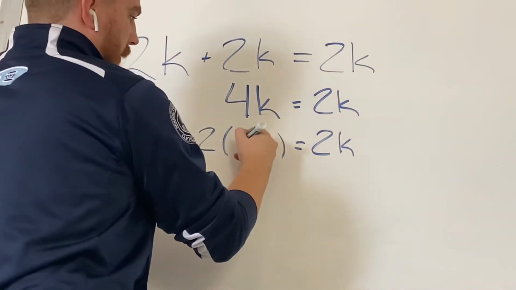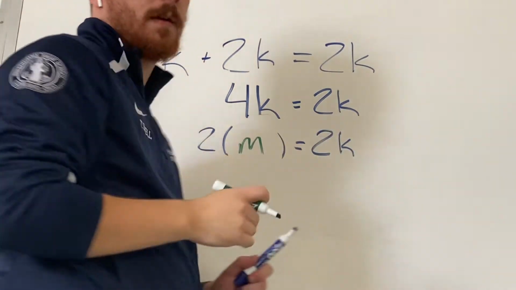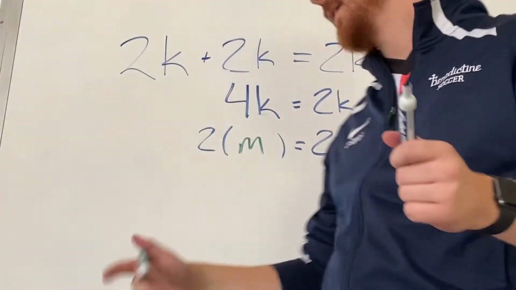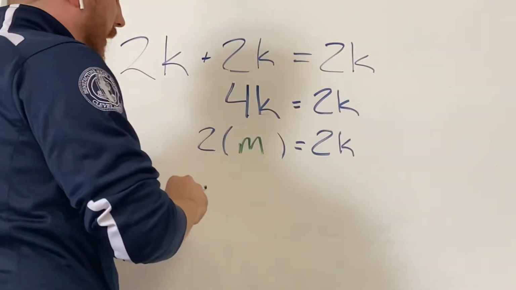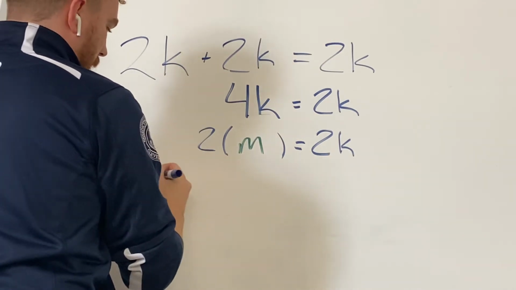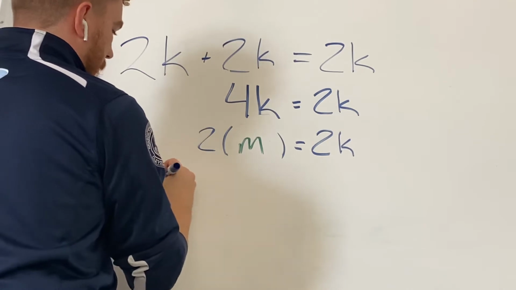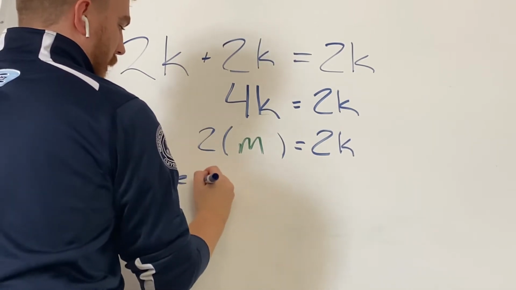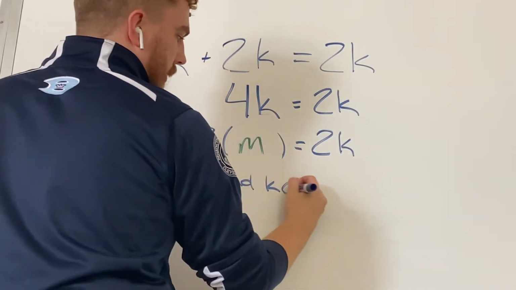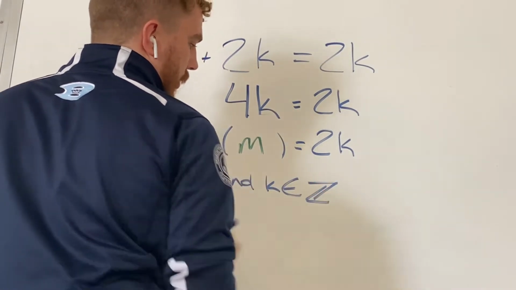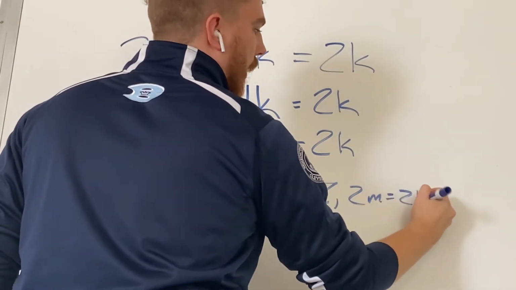Now we have m. So now we have 2m times 2k. But based on what we've defined m and k as, both of those are integers. So we could say, since m and k exist in the integers, 2m is equal to 2k.